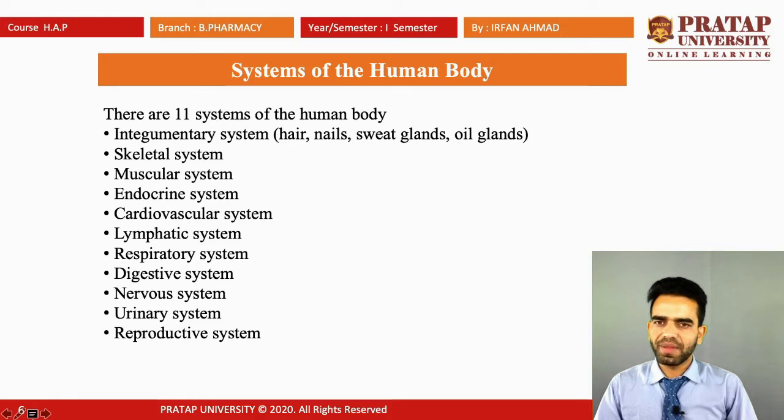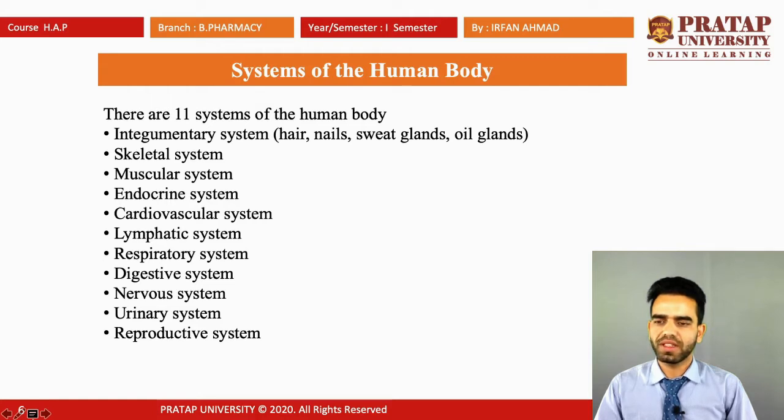So these are the 11 main systems of the human body which we have to study in human anatomy and physiology, because this is the introduction. We will study all these 11 systems in detail in the coming topics: skeletal system, integumentary system, muscular, endocrine, cardiovascular, lymphatic, respiratory, digestive, nervous, urinary and reproductive system.